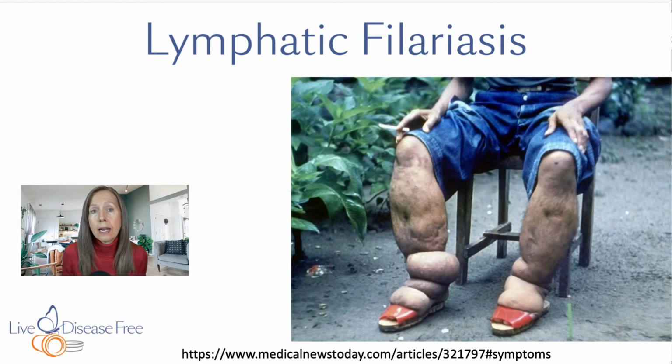They also contain what's called an endosymbiont, which is a bacteria that lives inside of them. They have this mutual living arrangement where the bacteria benefits from the worm and the worm benefits from the bacteria. But as soon as the worm dies and that bacteria is released, and even just the dying worm, that's when there's a stronger antigen load, and then we have an immune response.